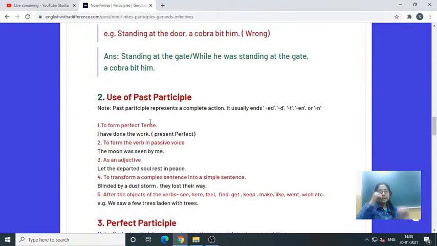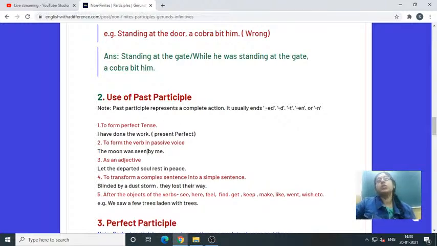These are the certain ways of changing these participle means tenses. So देखो, when we are using to form perfect tense, we are using past participle जब हम past perfect tense बनाते हैं. ठीक है, जब हम लोग past participle बनाते हैं तब we are using past participle form.